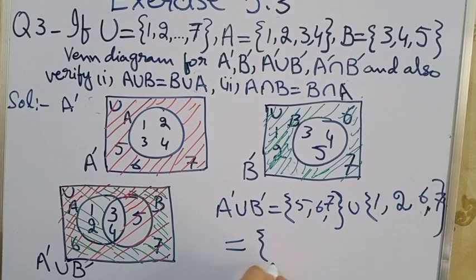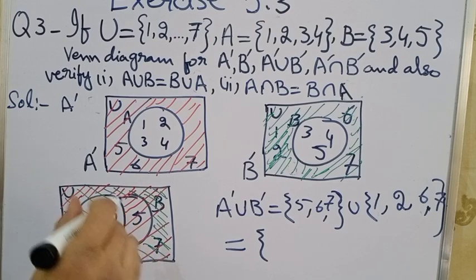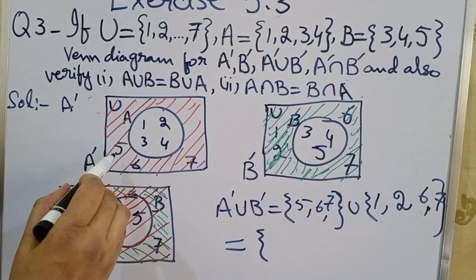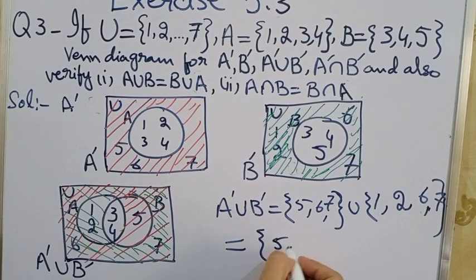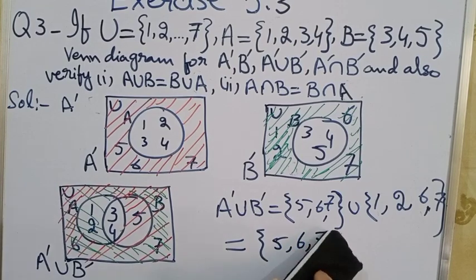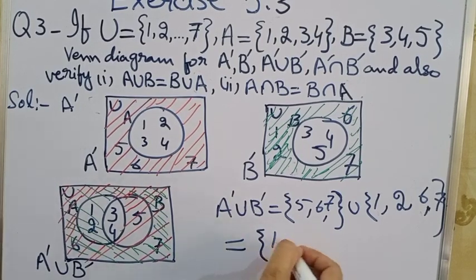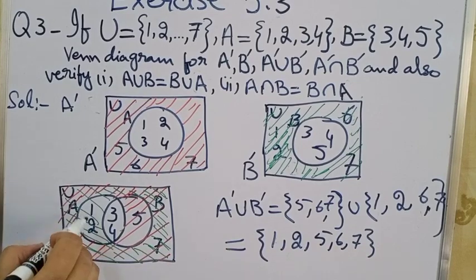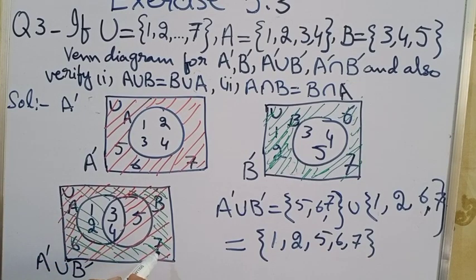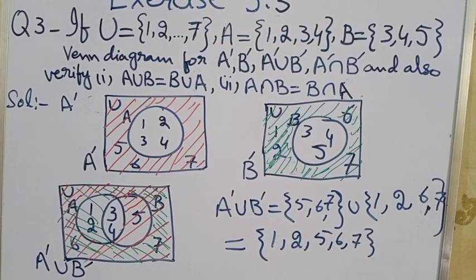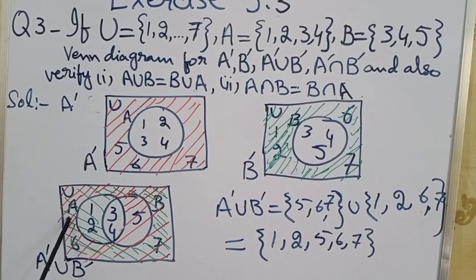So this set contains 1, 2, 5, 6 and 7. Here you can see that all the colored portions, having one color or two colors, are called A complement union B complement.